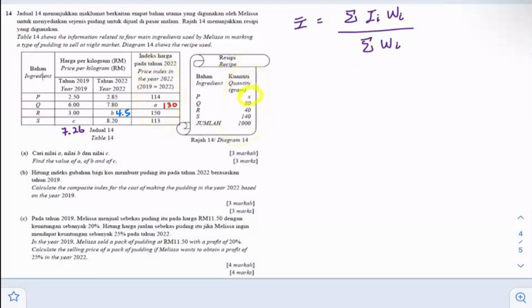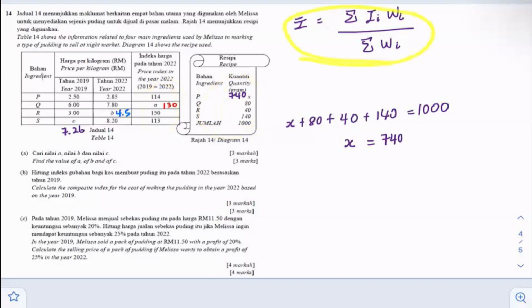But before that, we need to find what is X. So the total quantity for PQRS will be equal to 1000, which means X plus 80 plus 40 plus 140 will be equal to 1000. So X will be 740. So this is 740.